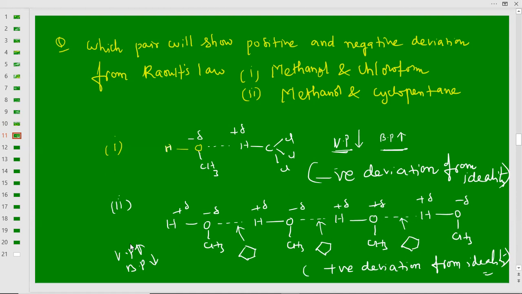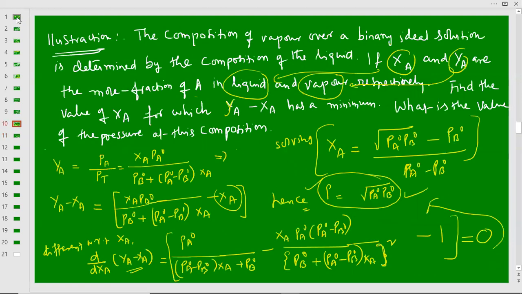So we can understand the interesting questions on Raoult's law when we understand the chemical connectivity between the molecules. I hope you have understood this session.